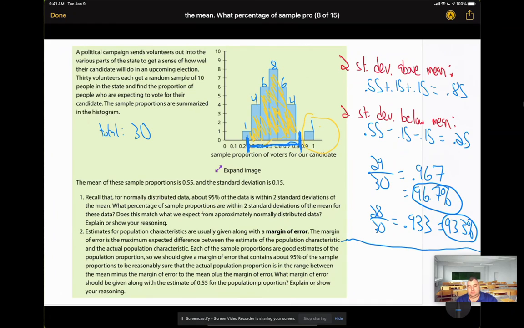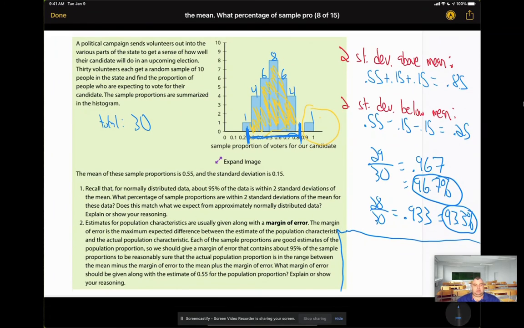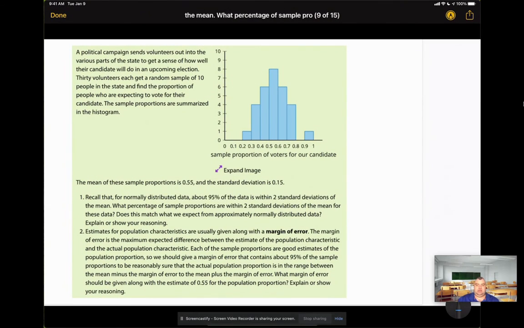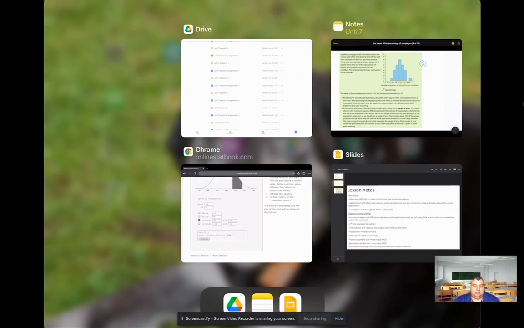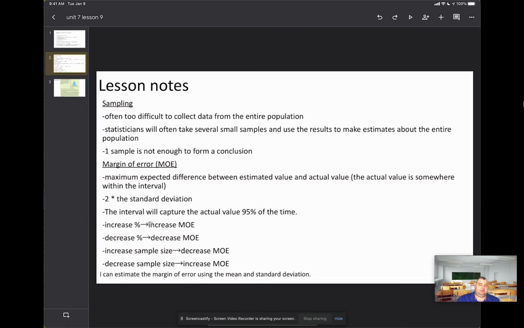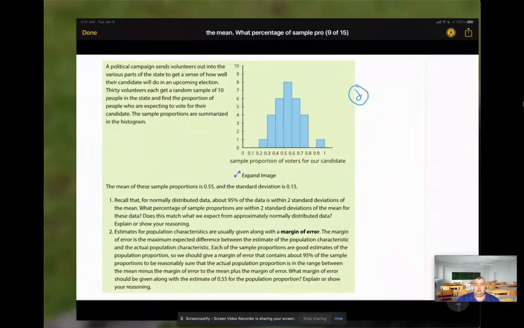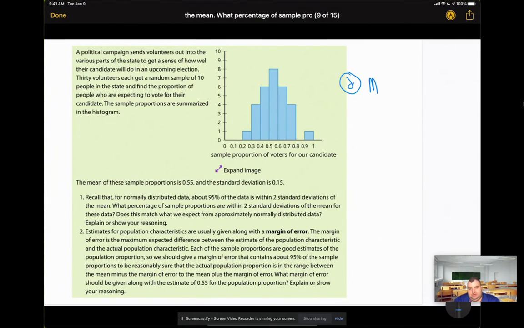So I'm actually going to do number 2 here. Remember, to find the margin of error, if we go back to our lesson notes, we basically have to double the standard deviation. So the margin of error, which I'm going to abbreviate MOE (sometimes it's abbreviated ME, it means the same thing), is 2 times the standard deviation.